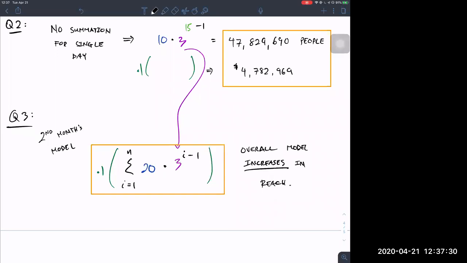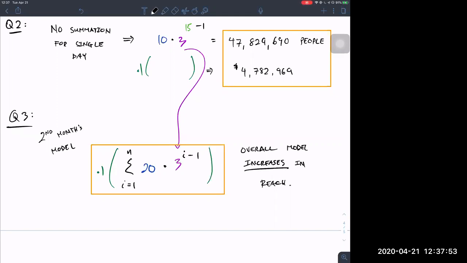But even if you don't know what the numbers are, or how many days you're going to, like say for example, the base model, you go only to 10 days, but this one you're going to go to 5 days, right? You don't know what the actual result will be until I give you some kind of calculating problem to do. But what you do know is that the overall effect is an increase.